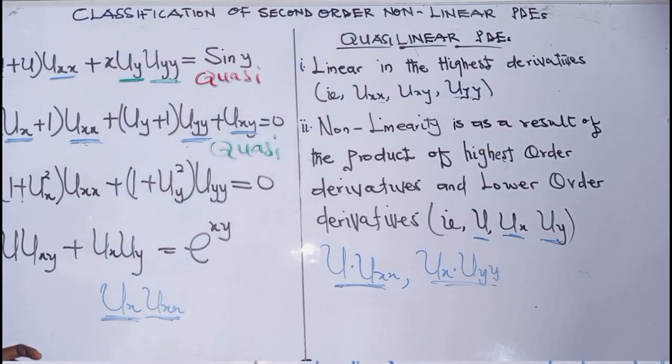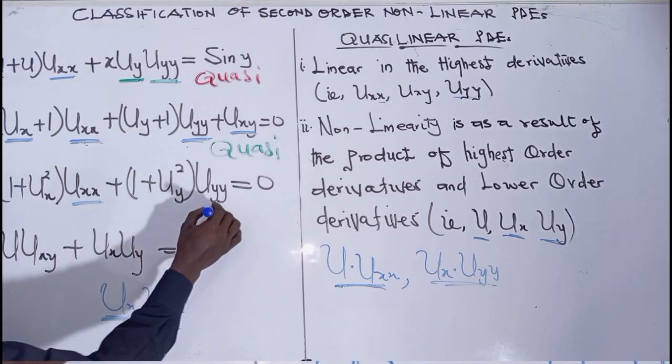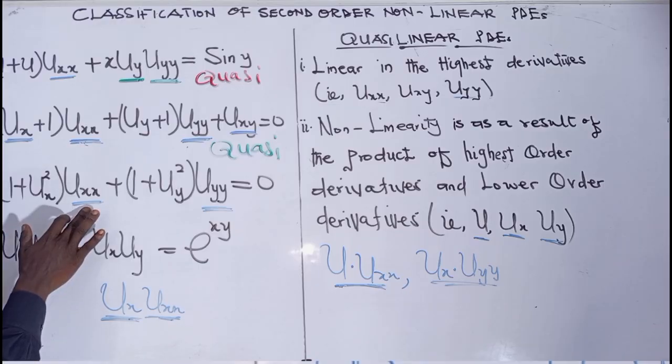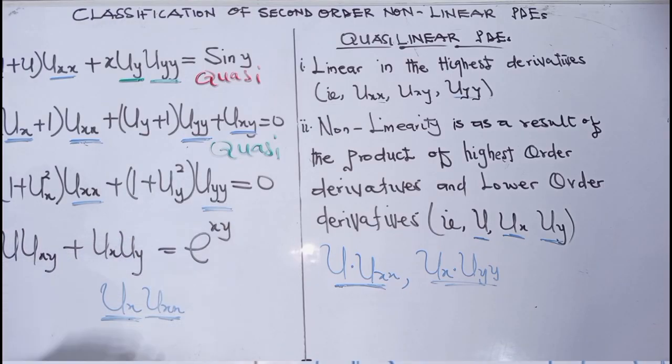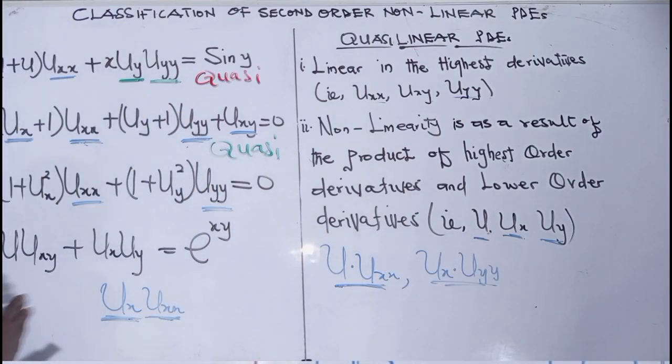Then let's look at the third one. You can pause the video and check to see if you can get the correct answer. So let's first identify our highest derivatives. We have U_ss as one, and we also have this. Then we check to see if they are linear. U_ss is linear, U_yy is also linear. After that, we check to see if any of these lower order terms multiply any of the highest derivatives.